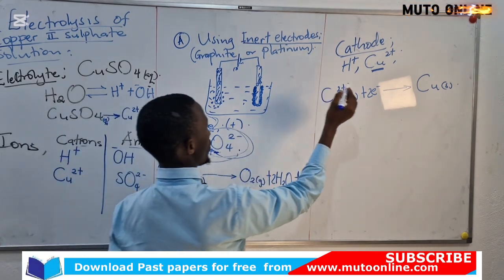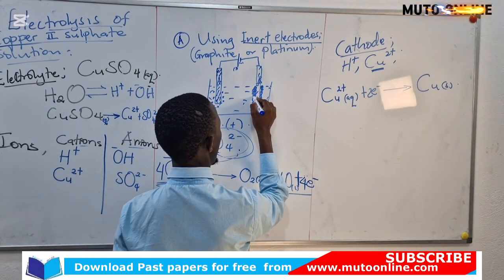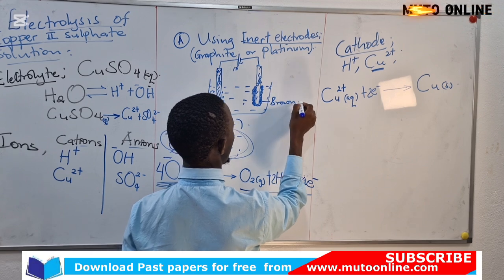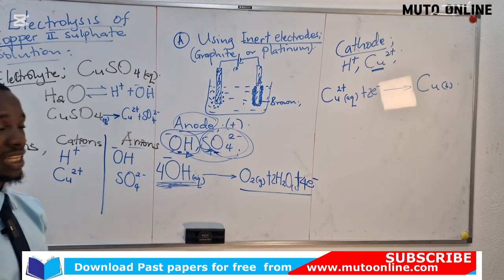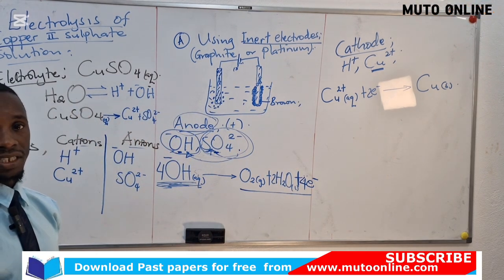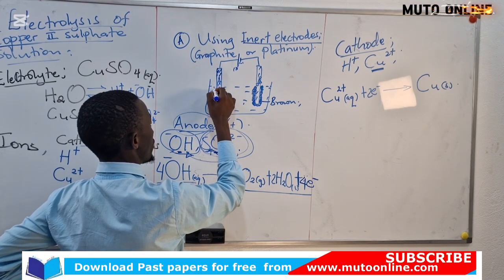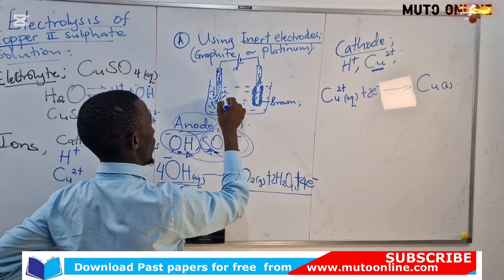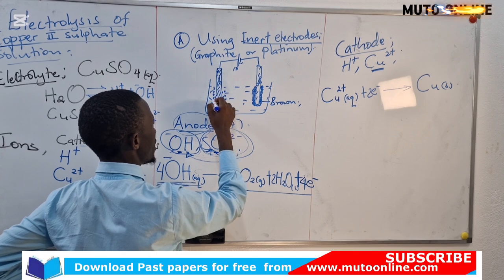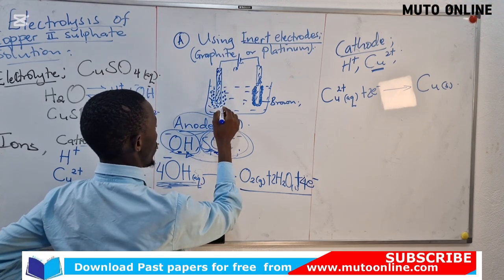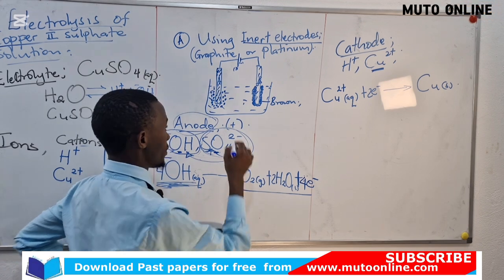So at the cathode, we shall see deposits of copper. Copper is a brown solid, so the solid will be deposited around the cathode. And then at the anode, we shall be seeing bubbles of a colorless gas forming around the anode, and this is oxygen gas.